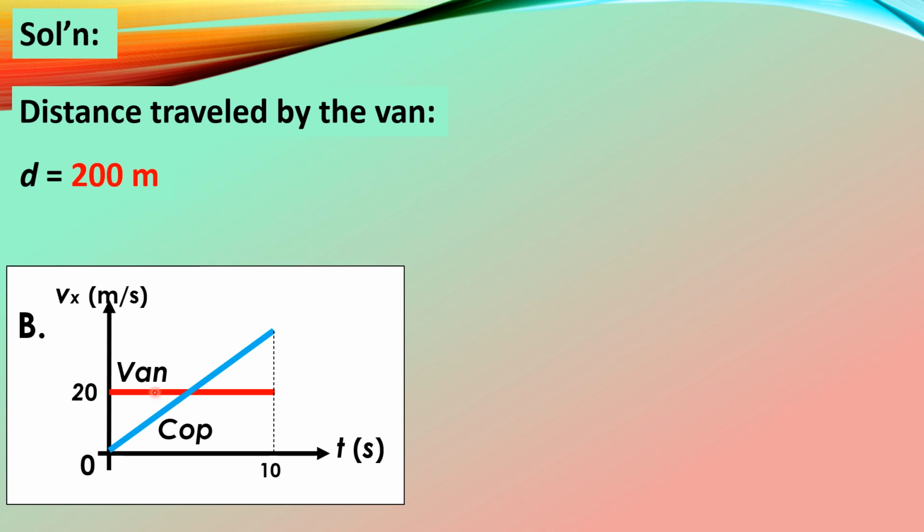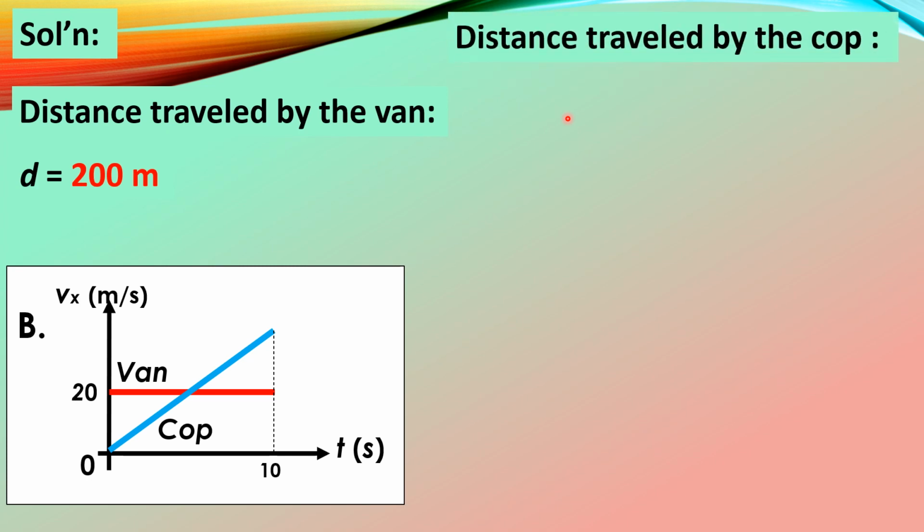For option B, the distance traveled by the van is still equal to 200 meters. And the distance traveled by the cop is just equal to the area of the right triangle shaded red in the graph.